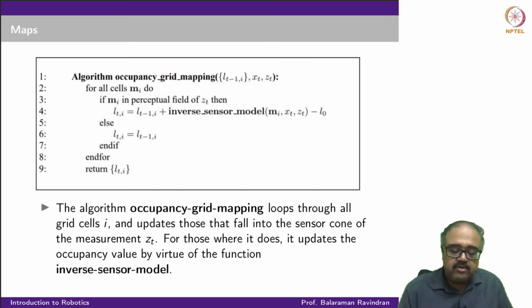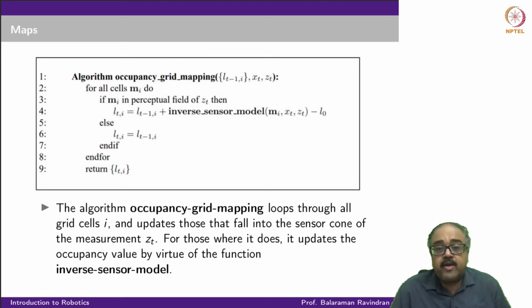And I do this for all cells mi. At the end of it, I get the new map. This is the new belief over the map. Remember, what we are looking for is the probability of m given x1 to t and z1 to t, and this is the new probability of m given z1 to t, x1 to t. Okay, so I hope that's clear.